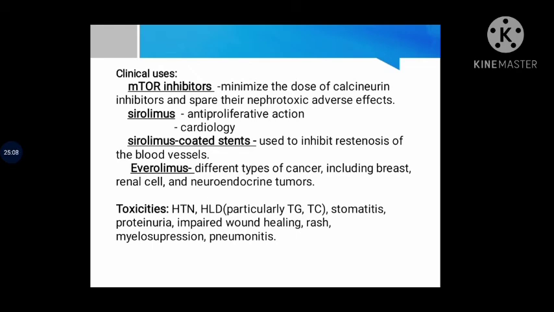The anti-proliferative action of sirolimus is also valuable in cardiology, where sirolimus-coated stents are used to inhibit restenosis of the blood vessels by reducing proliferation of endothelial cells.